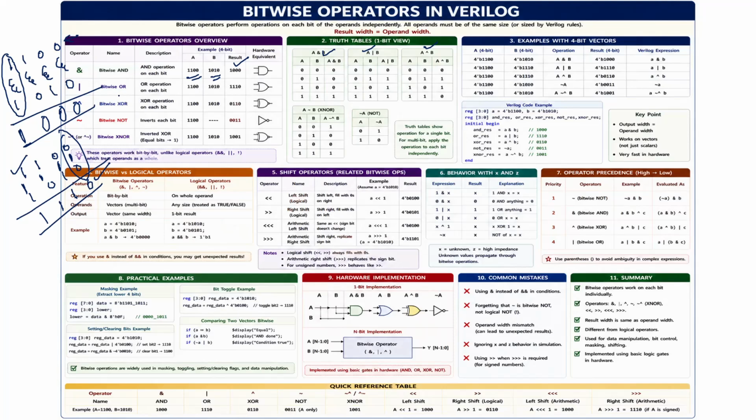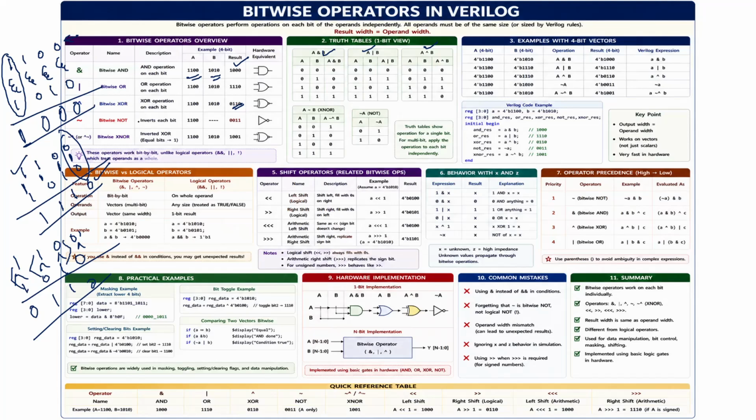That is the OR operation. And then exclusive OR operation: 1 1 0 0, again taking 1 0 1 0, doing the XOR operation between the two bits. If both inputs are the same, the output is 0, and if the two inputs are different, the output is 1. So the result is 0 1 1 0. In that way I am getting the XOR operation here.